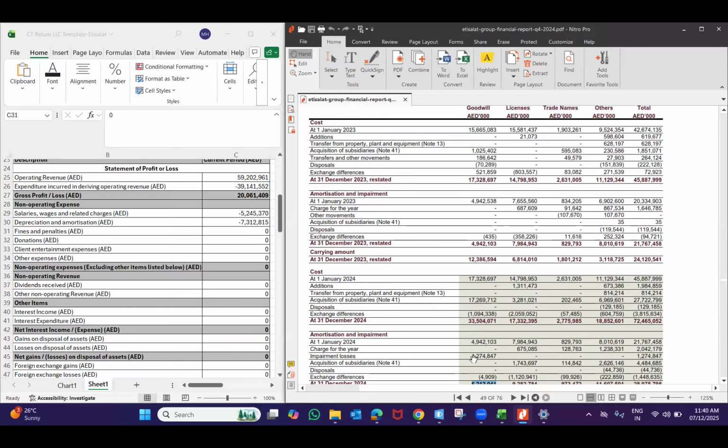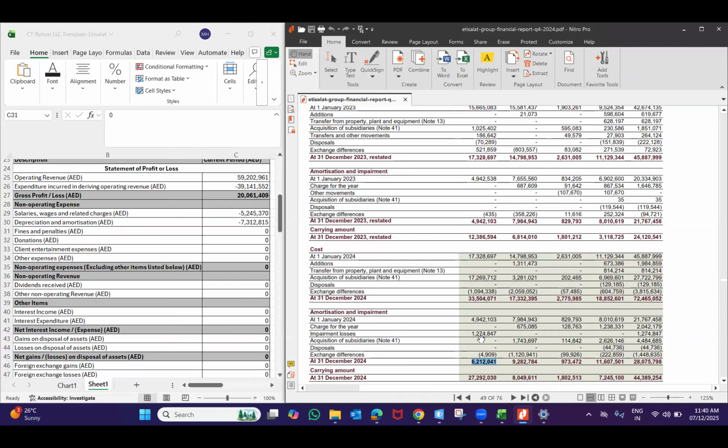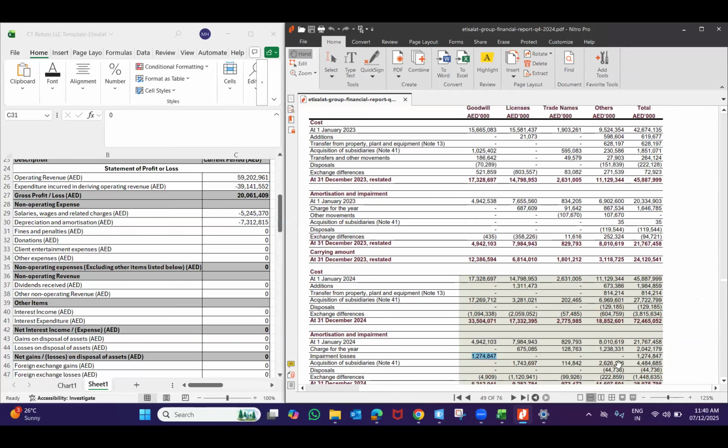Yes, sir, for the goodwill, the impairment losses are 1.2. Here they are mentioning it. For the licenses there is nothing. For the trade name there is nothing, and for the others as well there is nothing.